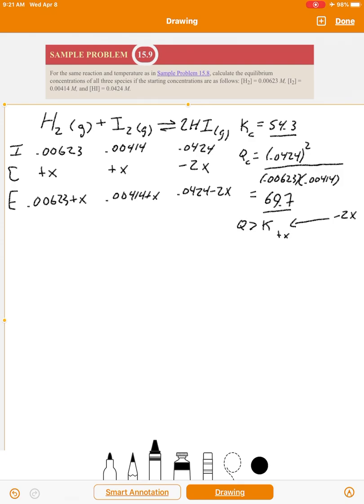Okay? So now we do have the value of K, and now we have an expression. So let's take a look. K C is 54.3, and that would be equal to the concentration of HI squared. So that would be 0.0424 minus 2x squared.